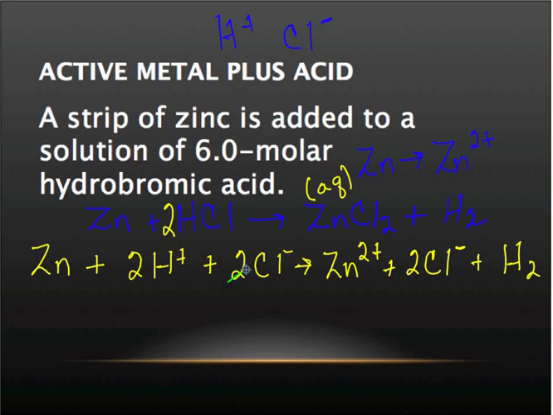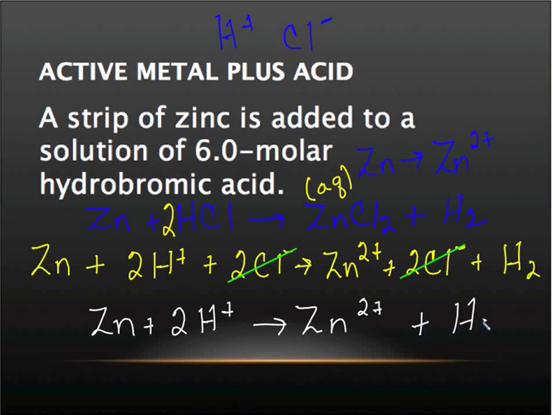And now, if you hadn't seen it earlier, it emerges that chloride would be our spectator ion. So what you want to write as your final answer in your box is zinc plus 2H+ yields Zn2+ plus hydrogen gas. So that's the active metal plus an acid.